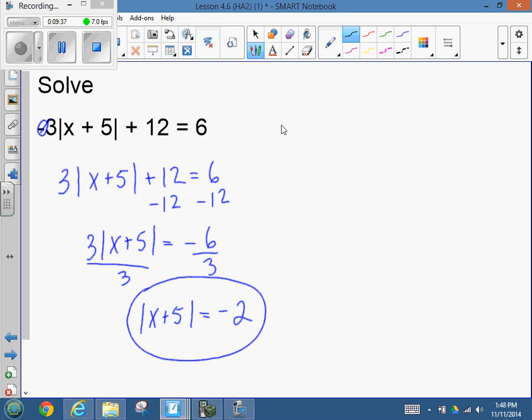This negative right here makes this problem not solvable. Therefore, we say there is no solution. Again, you can never have an absolute value set equal to a negative number.